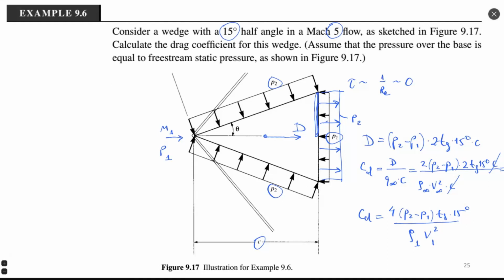I'm already thinking how to change this velocity to Mach number, and we can do it. We can write that velocity is a product of speed of sound and Mach number. So I will use this M squared multiplied by a squared.